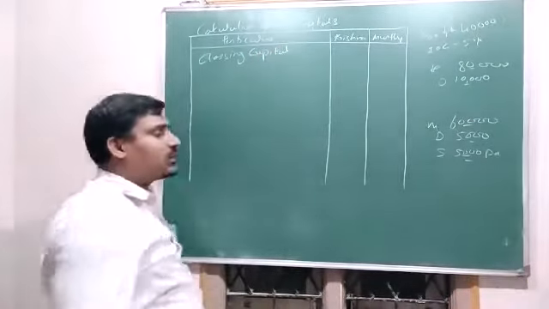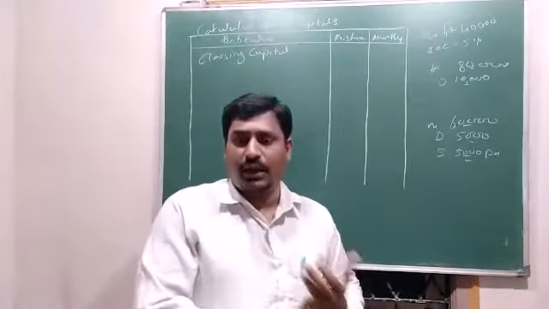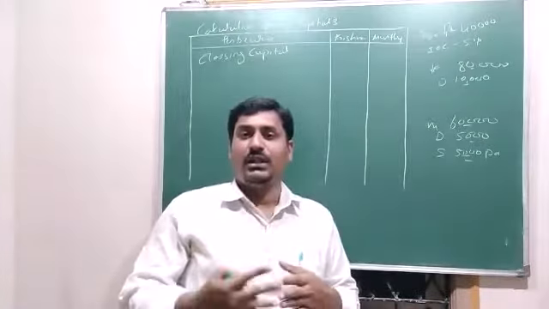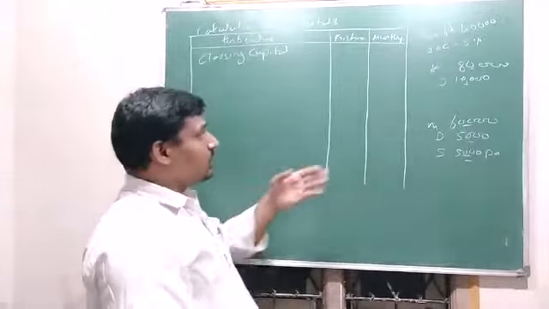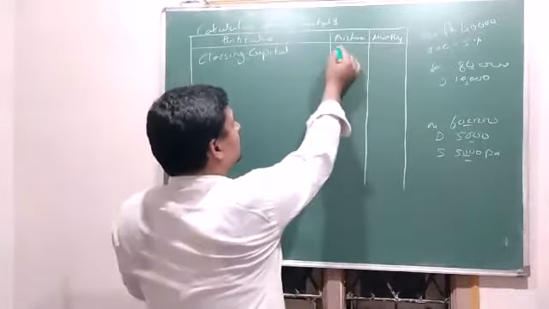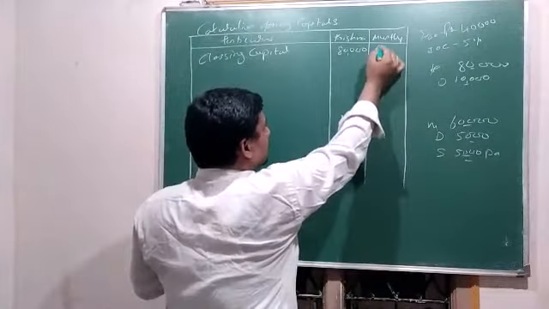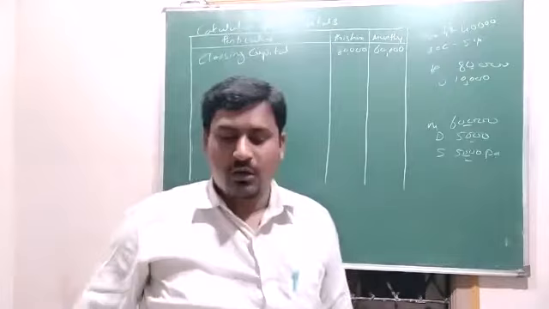This closing capital was arrived at after deducting the drawings and adding the salary, commission, etc. So it has included their drawings also: 80,000 Krishna's capital and 60,000 Murthy's capital. Simultaneously we solve both here.